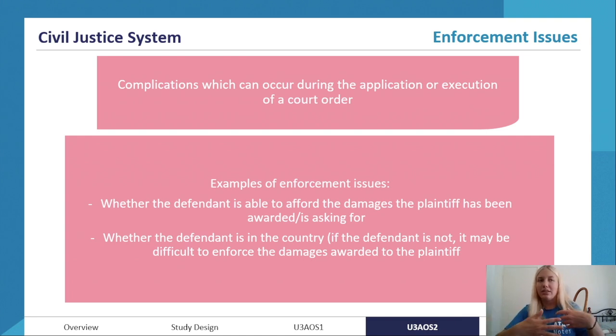Ways that we fail to get the money back, ways that we fail to enforce the damages and get the money back. Some examples would be we need to consider whether the defendant would even be able to afford the damages that the plaintiff is asking for. So even if we prove they're liable, can they pay us the money that we're trying to get?